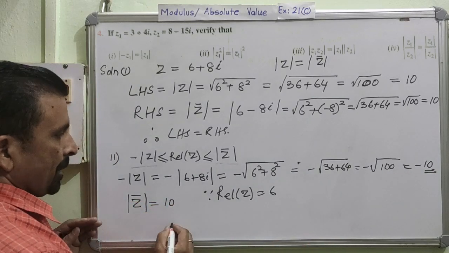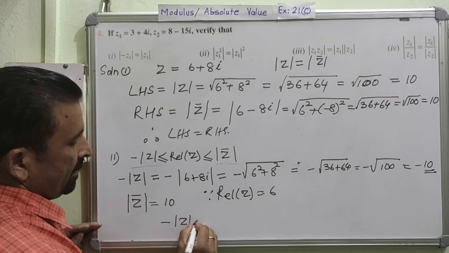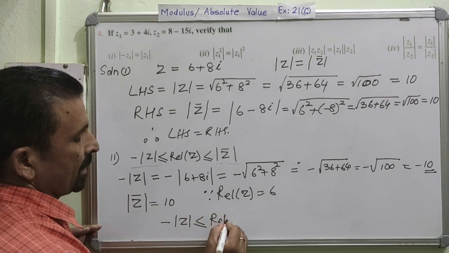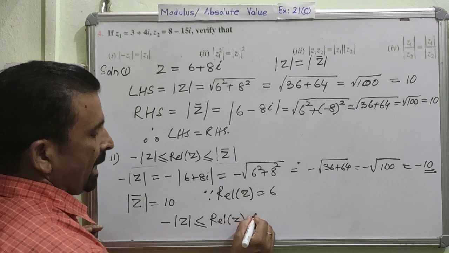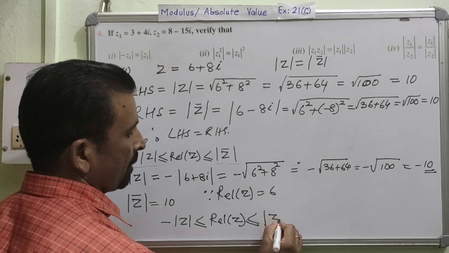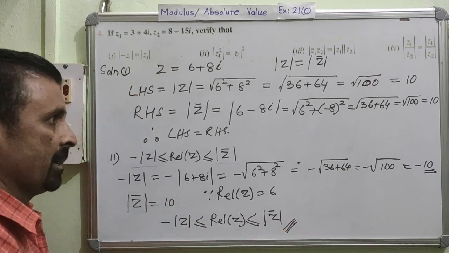So we can say minus of mod of z is less than or equal to the real part of the complex number, and it is less than or equal to the modulus of the conjugate of the complex number, and hence this is verified.